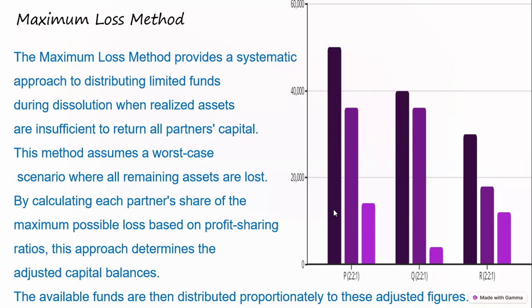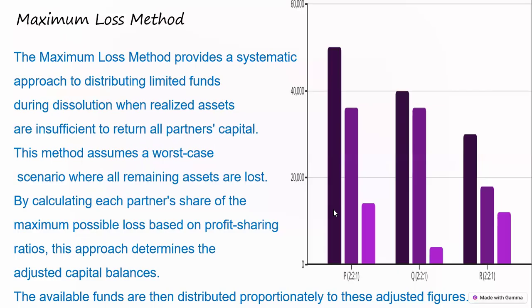This does not require the tabulation of the proportionate capital, but here we just assume that the external liabilities are paid, and if any surplus remains, that will be paid to the partners equally, if it is sufficient to pay their capital.